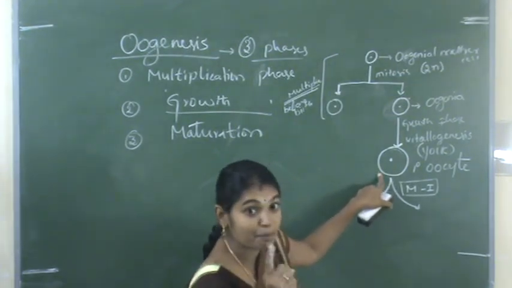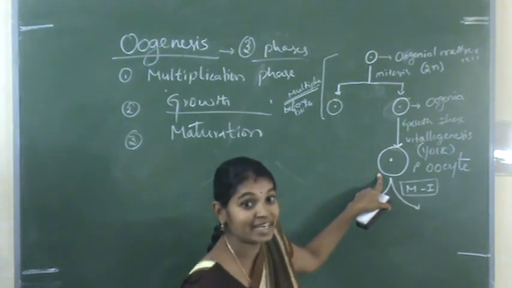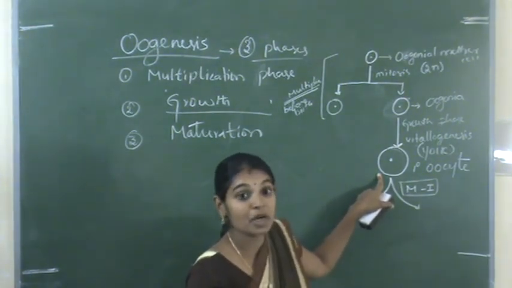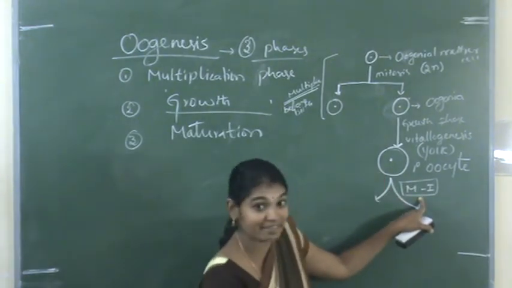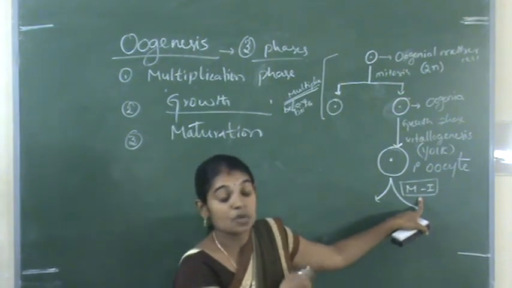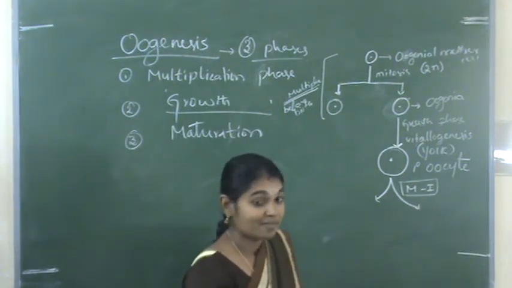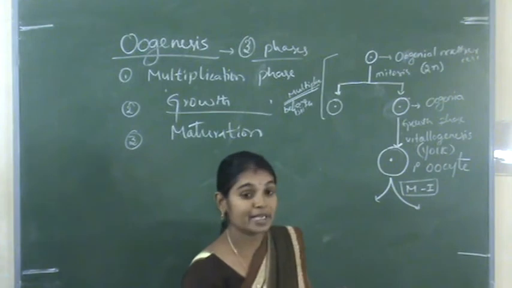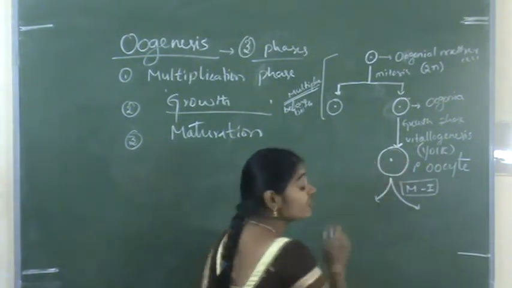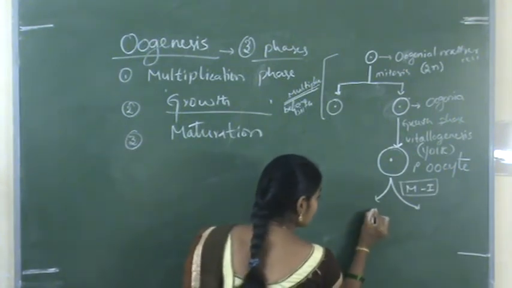From this one primary oocyte, we know that only one egg is formed. That one egg should contain the haploid number, because here it is meiotic division. So what about the other set of chromosomes? Where does it go? First I will take the nuclear division. This nuclear division takes place first.